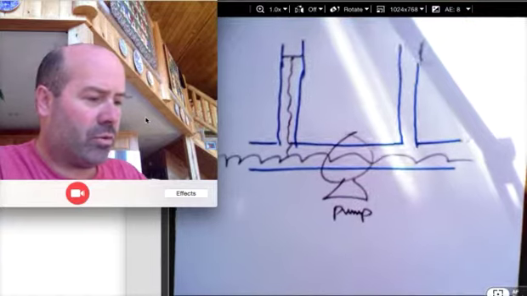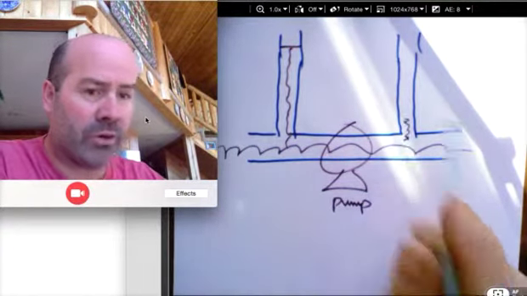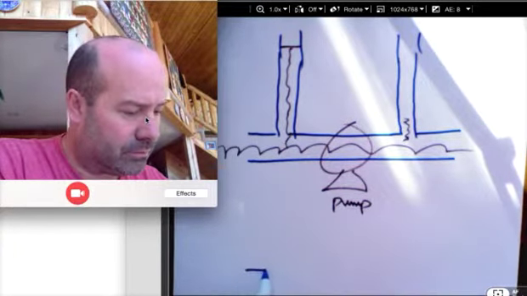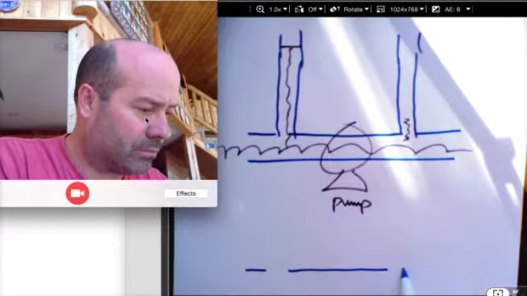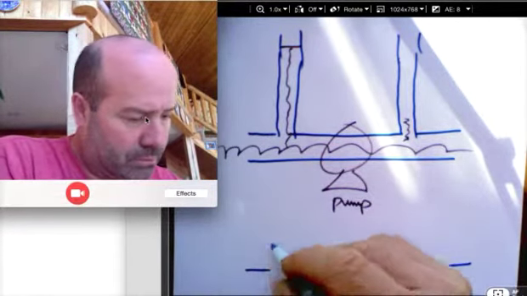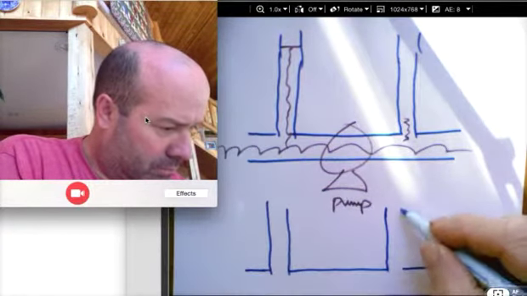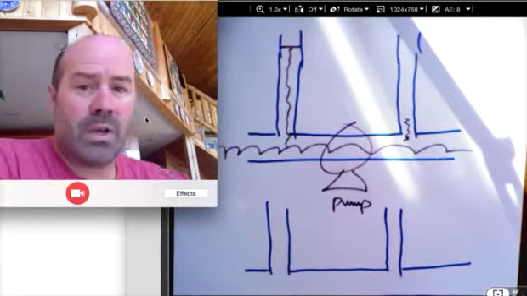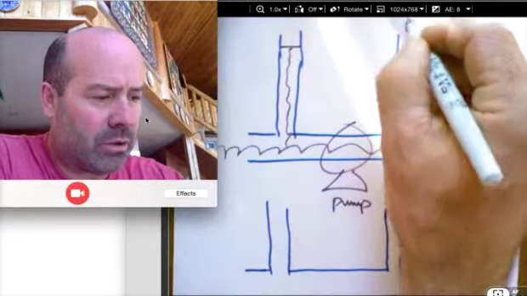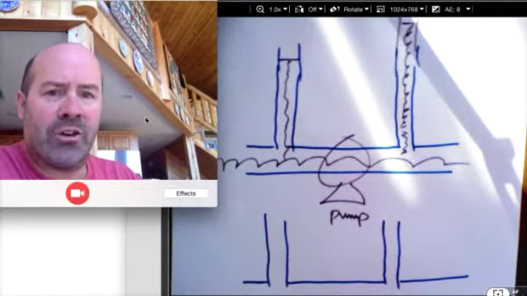So I'm going to draw another one of these, and while I'm doing it, I want you to show where the water's going to go. Where do you think? If you said you think it's going to go higher, you are right. We've added energy to the system.